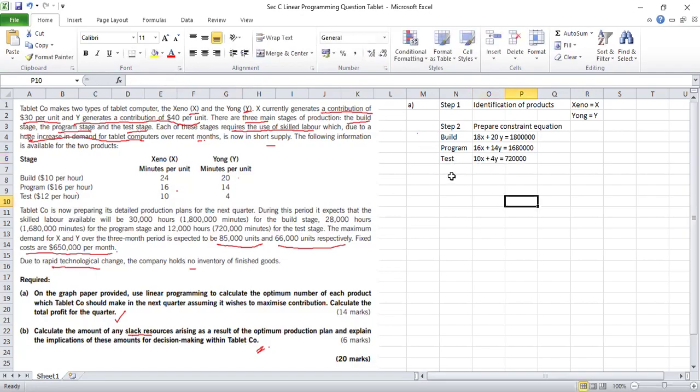What is the third step? Third step is basically to calculate optimal production plan. And it is the main step of linear programming.